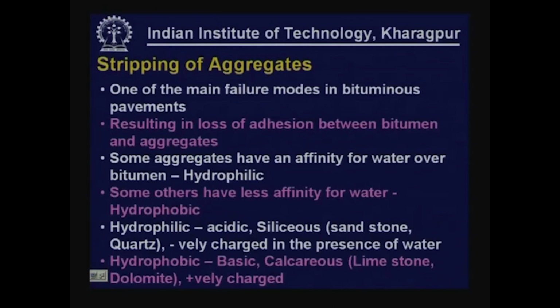Stripping of aggregates, as we said, is a major concern in the case of flexible or bituminous pavements. This is one of the main failure modes in bituminous pavements, caused by loss of adhesion between bitumen and aggregates. Some aggregates have better affinity for water compared to bitumen.